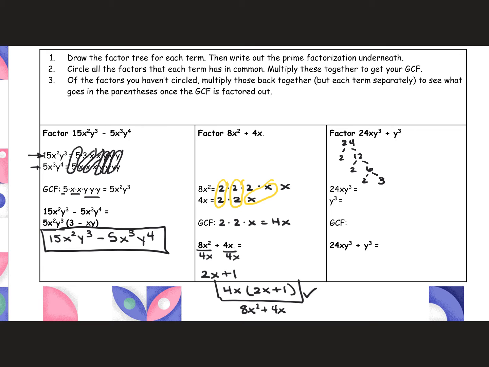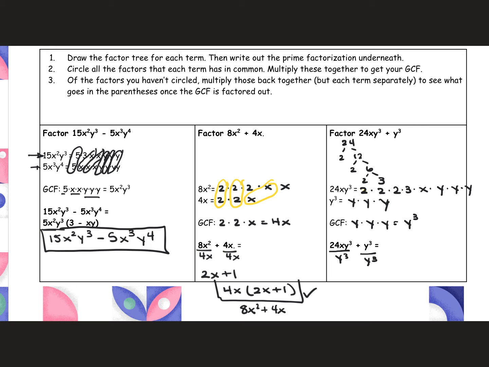So I know here I have 2 times 2 times 2 times 3 times x times y times y times y. And then y cubed is just y times y times y. So I can definitely see they have 3 y's in common. So they have y times y times y, which gives me y cubed.